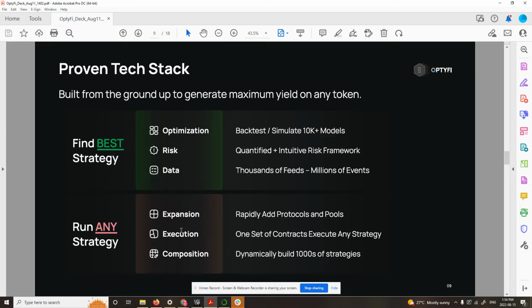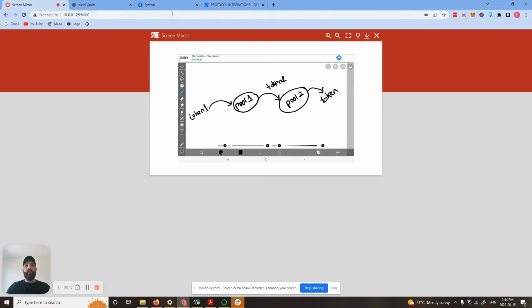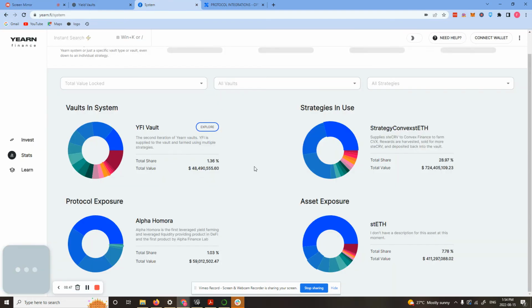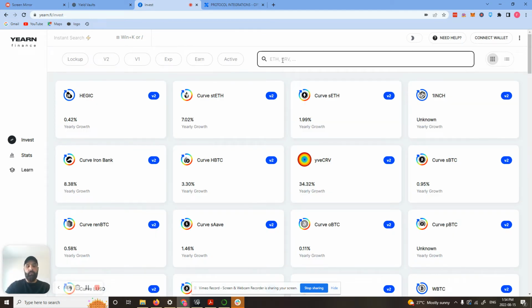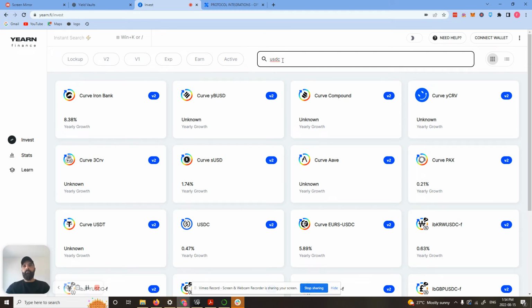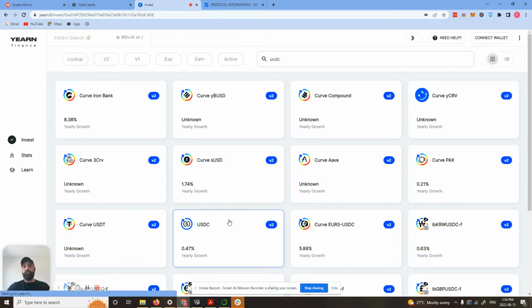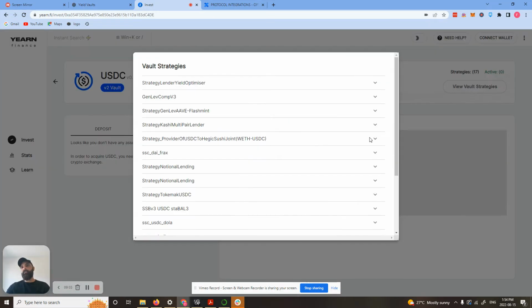So just to point out, the way other protocols do it is that they have one-off strategies. So let's see. This is Yearn, the USDC vault, and these are the strategies that are available.